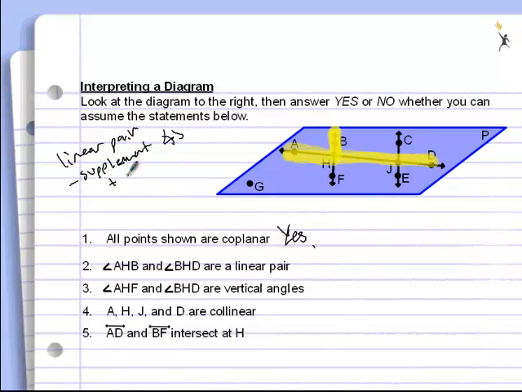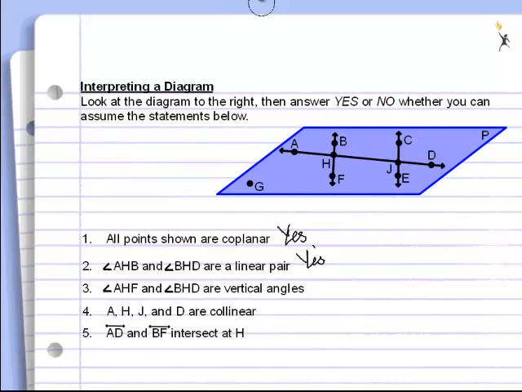And if you have to remember again, supplement angles are 180 degrees. So, could you say that angle AHB and BHD are 180 degrees, or do they form a straight line? It sure looks like they do. It looks like they form this straight line right here. Well, let's move on.